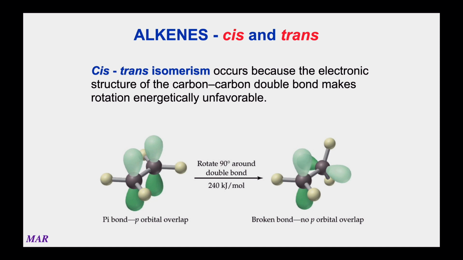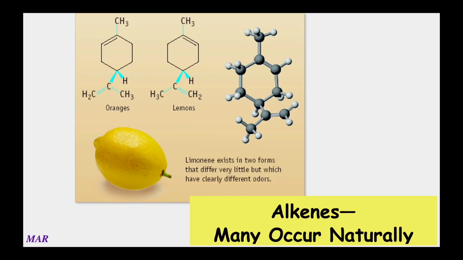You might be more likely to break apart other parts of the molecule before you broke the double bond. So we don't usually see cis going to trans and trans going to cis. There are some exceptions, but generally speaking, they're pretty permanent and stuck with each other. Both oranges and lemons have different kinds of compounds with double bonds in them. And just the relationship of one to the other makes a really big thing.